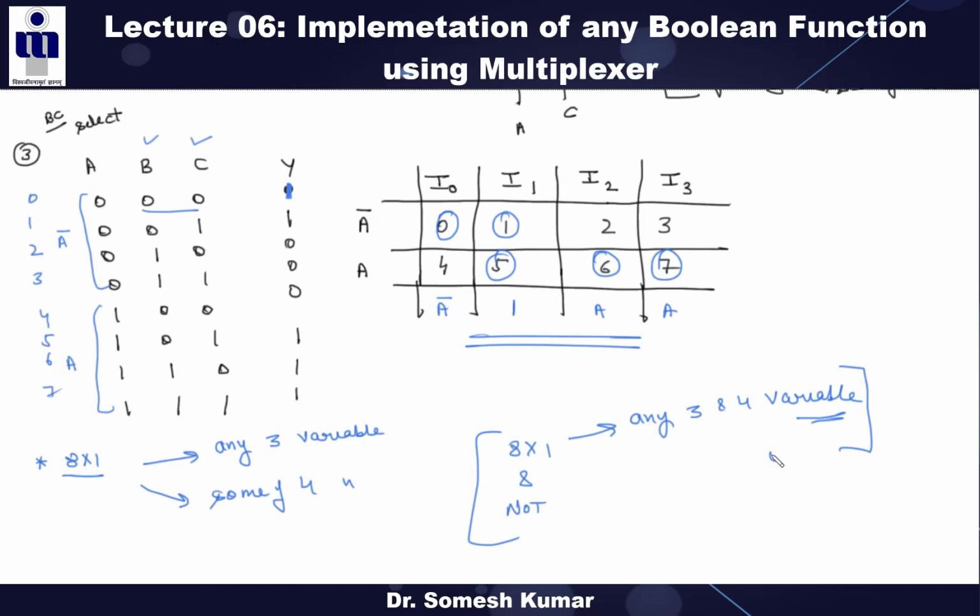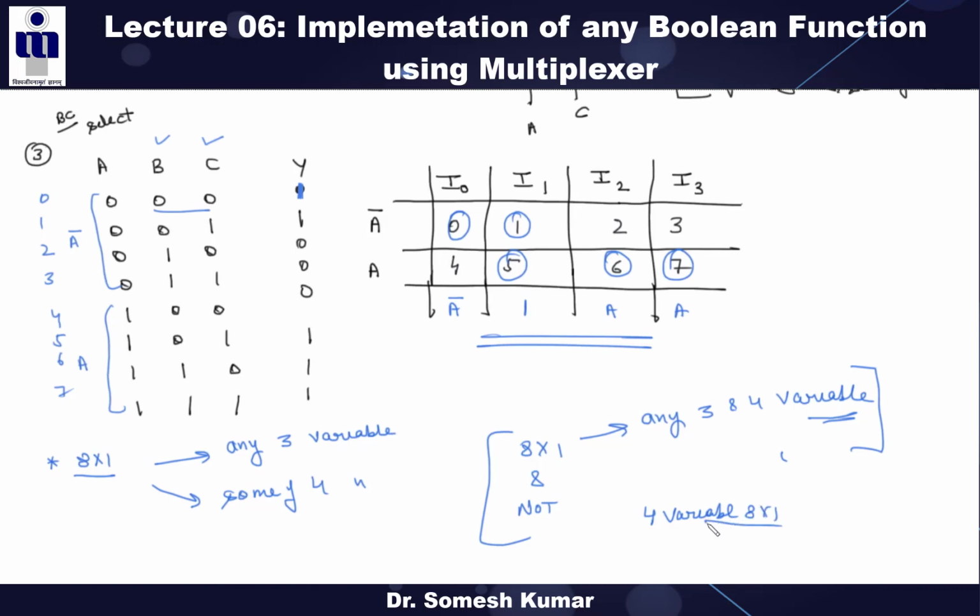So now I want to give one more example of these 4 variables. Should I give the 4 variables with 8:1 mux? Means implementation of 4 variables using 8:1 mux, right? So I want to give one more last example on this multiplexer.